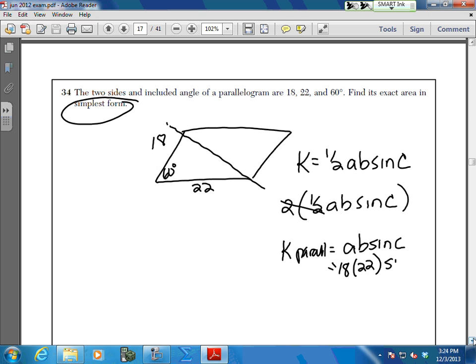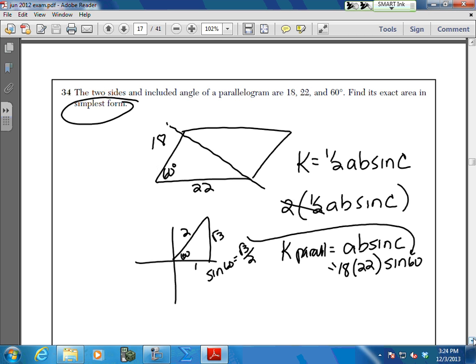Now, sine of 60. You notice when you put this in your calculator, you get a decimal. They want exact value. So we take a look at your angle for 60, and we can see that your sine is a radical. The sine of 60 is radical 3 over 2.